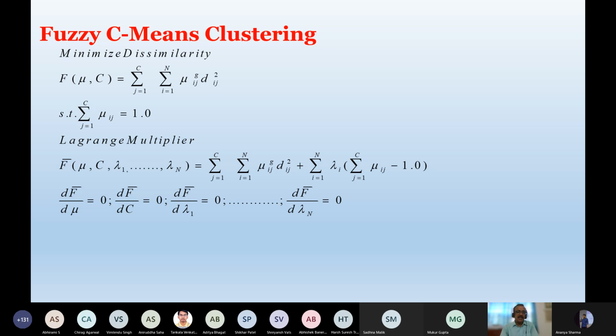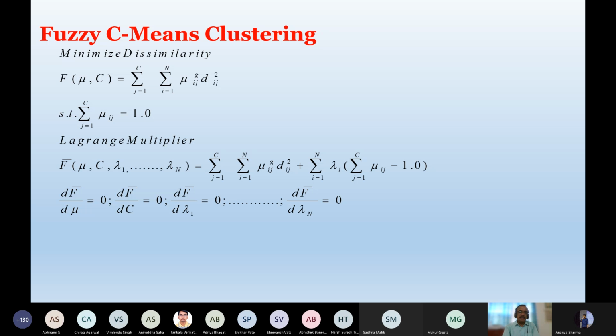Okay, so this is nothing but the combined objective function now. Okay, and what we do is we use the calculus method. So we try to find the derivative of f bar with respect to mu equal to 0.